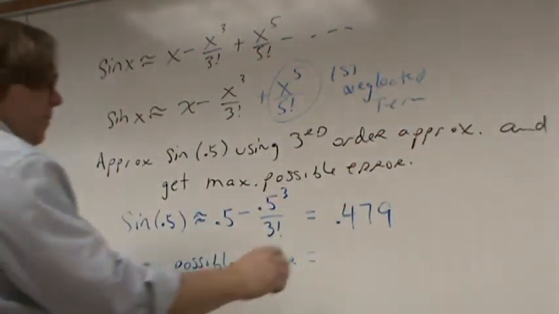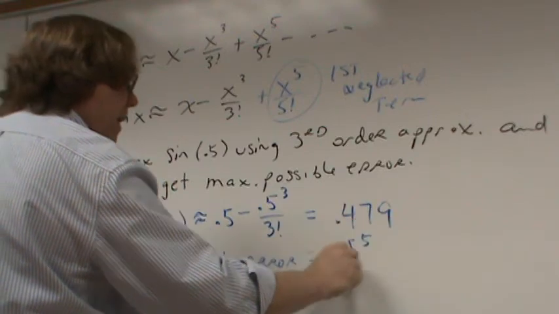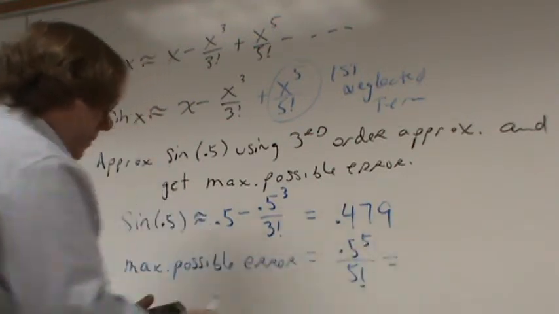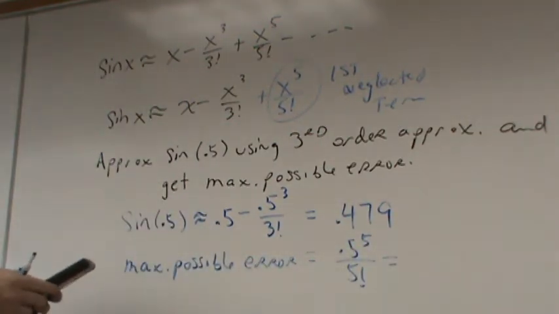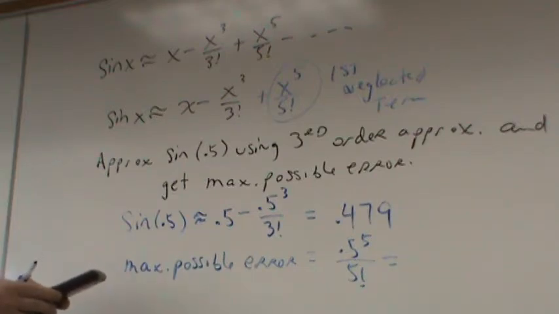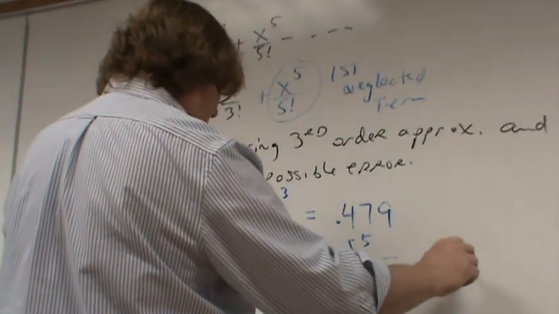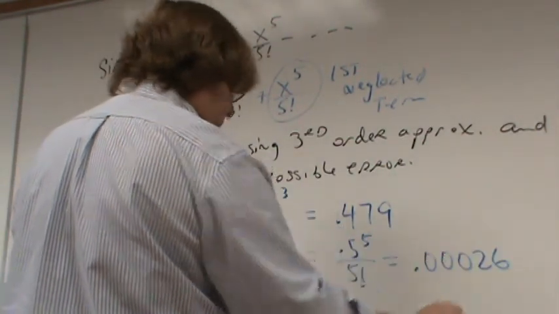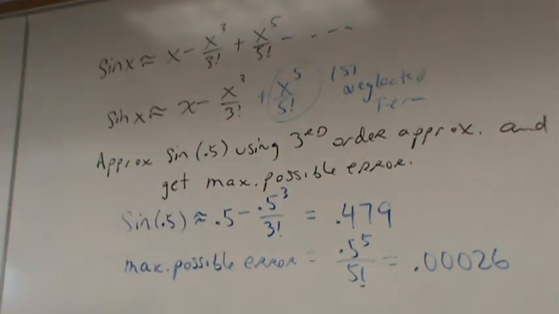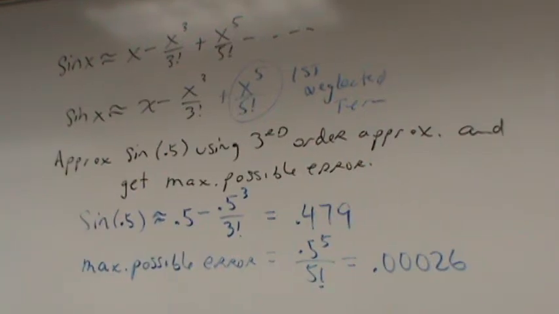So the maximum possible error is going to be 0.5 to the 5th power over 5 factorial, which is going to be a pretty darn small number, divided by 5 factorial is 120, right? 0.00026. Okay, so my answer is pretty darn good. That third order approximation is a pretty good approximation.